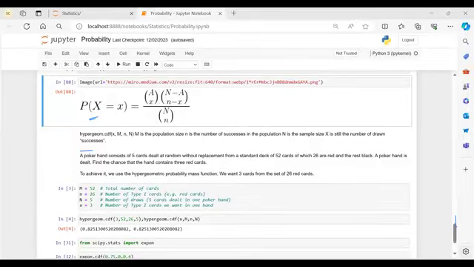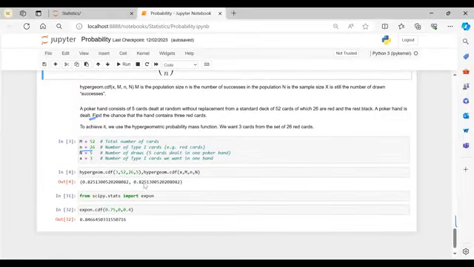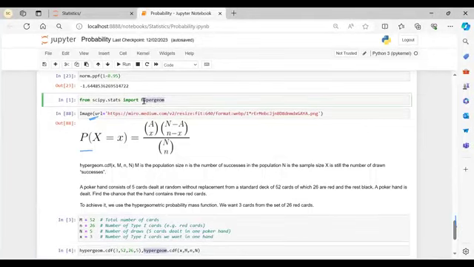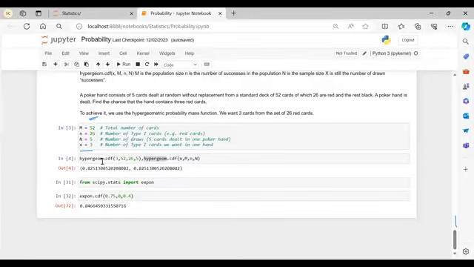So here I'll take this hypergeom, again from stats. And in hypergeom, I'm going with the CDF. This is the sequence in which you have to pass the parameters. First, you pass x, which is 3, then m, which is your population size, 52, n, which is the number of successes in your population, 26, and then your sample size, 5.